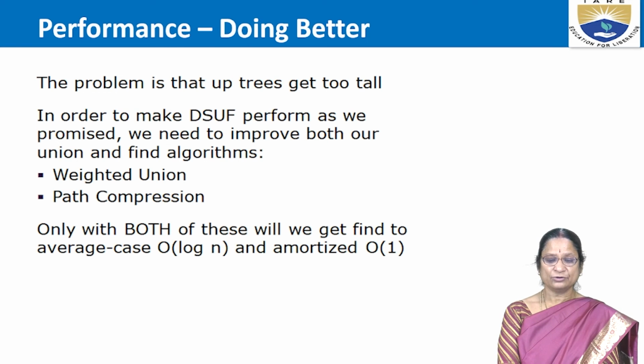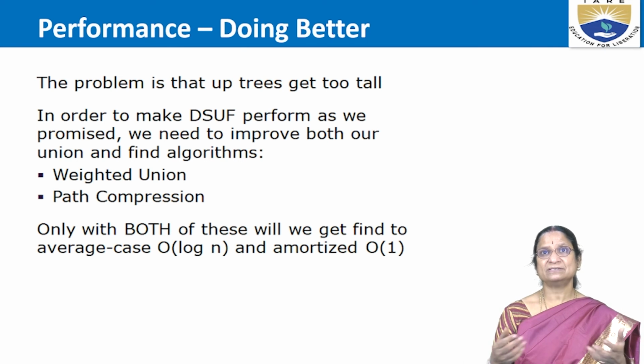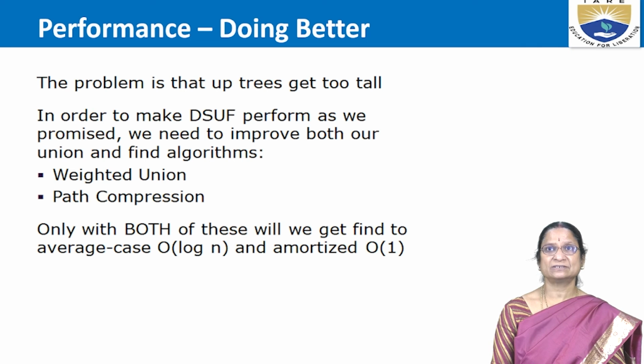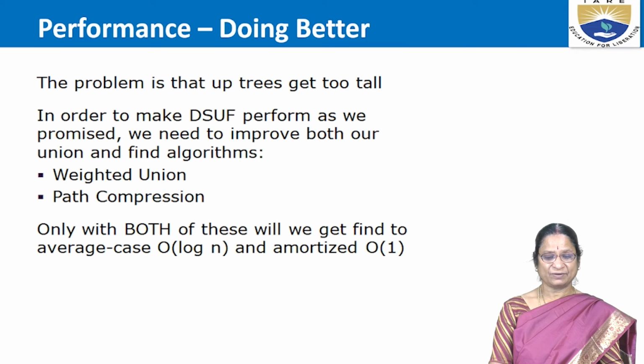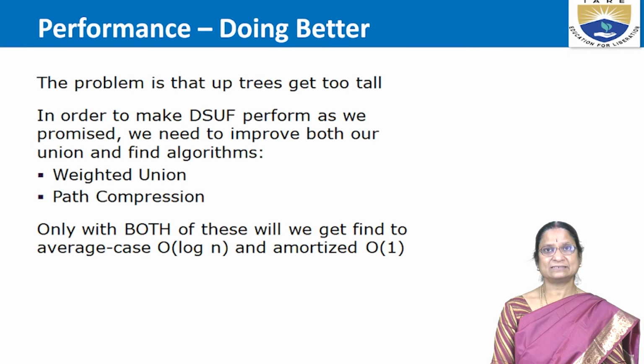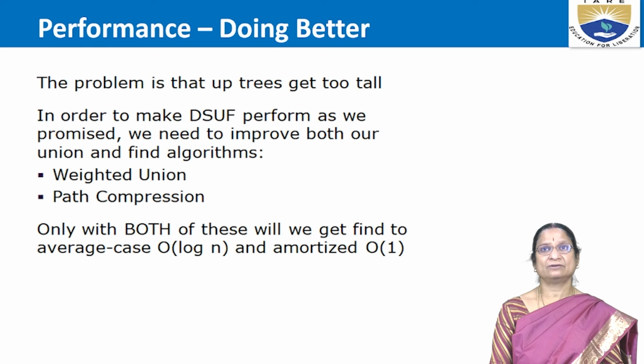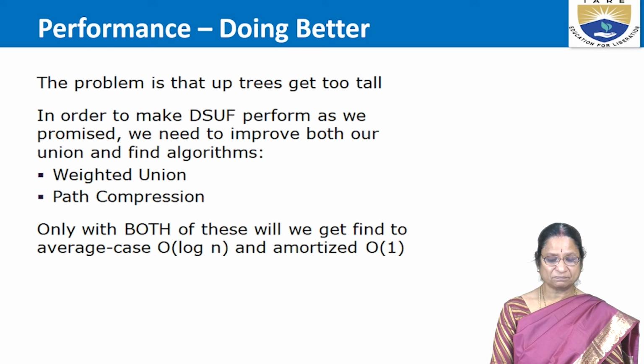So, to improve the performance of these two operations, both union and find, we are going to consider some restrictions. That is, union is known as weighted union, and the find algorithm will use the path compression technique.